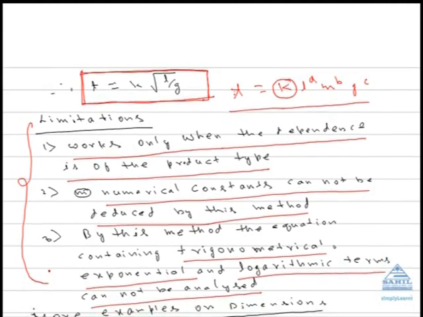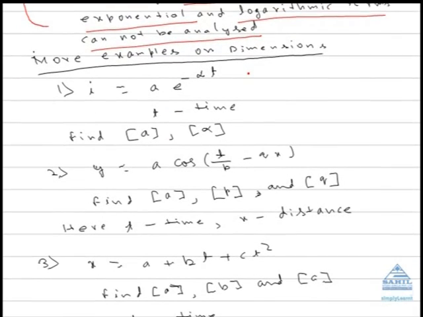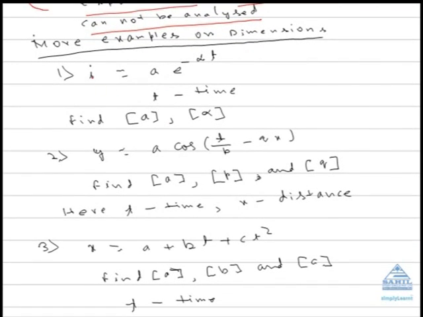Now let's take some more examples on dimension. Let's take this relationship, I equal to a into e to the power minus alpha t. Here t is time. Now can you tell me what is the dimension of a and alpha?